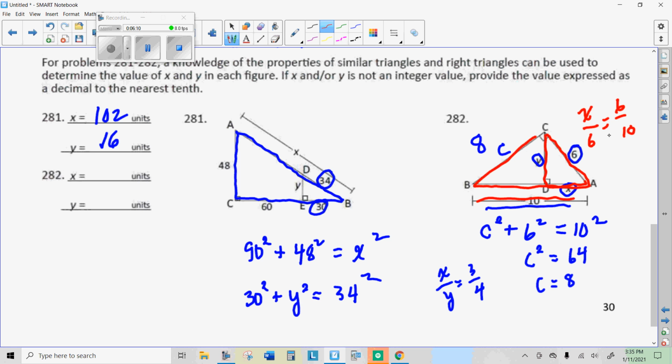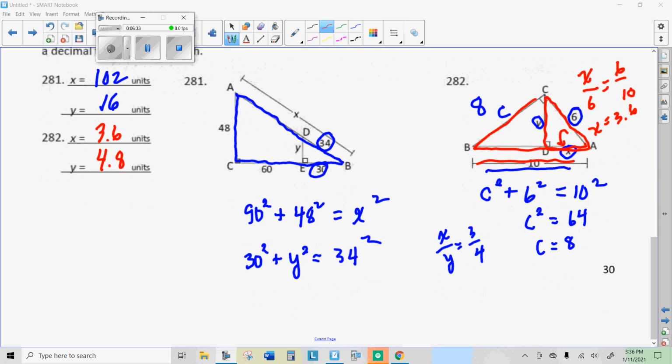So to find x, I'm going to cross multiply and divide. 6 times 6 is 36, divided by 10 is 3.6. And that goes there where the x is. That's 3.6. I'll let you finish it up and find y. You should have got 4.8 for that one.